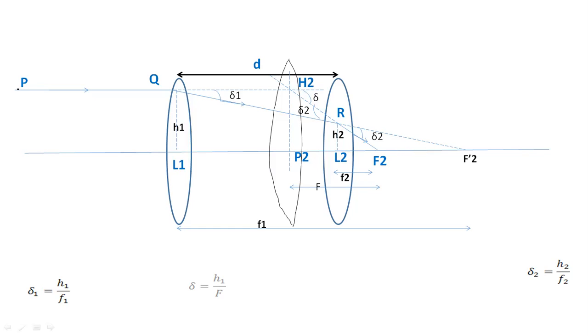Now, PQH2 acts as the incident light on the lens, and H2F2 acts as the refracted light, and this is the deviation produced by the incident light PH2. This equivalent lens produces a deviation of delta.